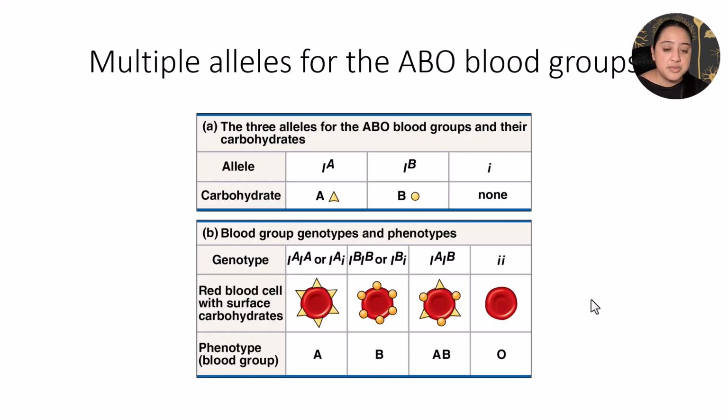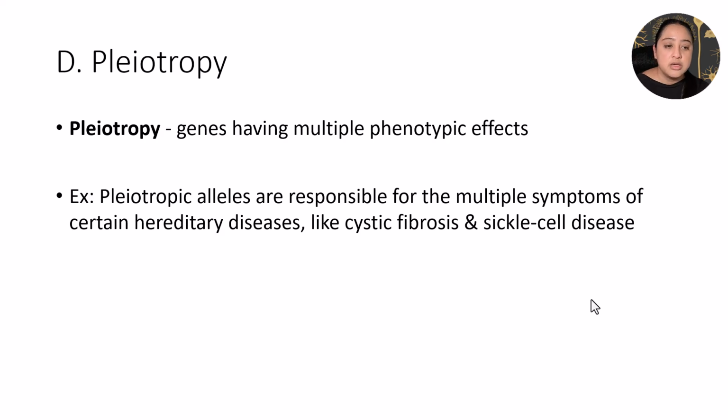Okay, and so now coming back over here. Those were cases of one gene, and one gene could have multiple alleles, but it could also be possible that one gene has multiple phenotypic effects. Because in reality, when one thing causes a change, that could cause many changes.